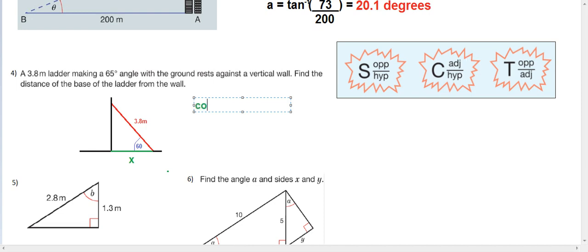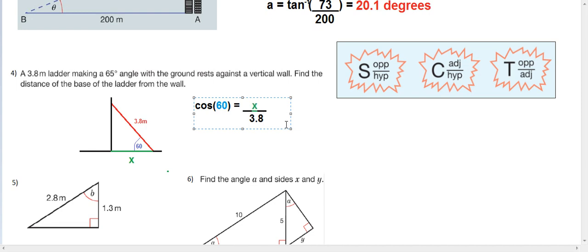The cosine of 60 is equal to the adjacent, which I don't know, divided by the hypotenuse, 3.8. I have to pass 3.8 to the other side, since it's dividing on that side.